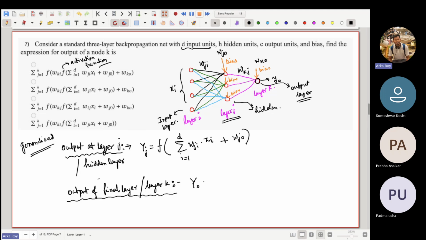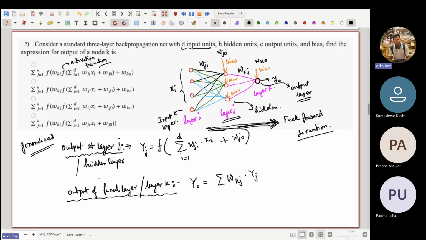So Yo is now the summation of Wkj multiplied with Yj, because in a feed forward neural network we propagate the data to the subsequent layers. So this is the feed forward direction.